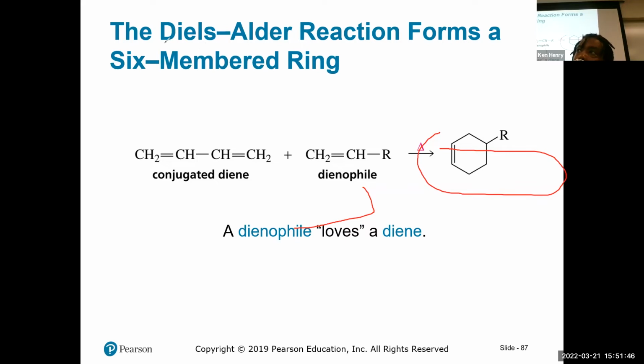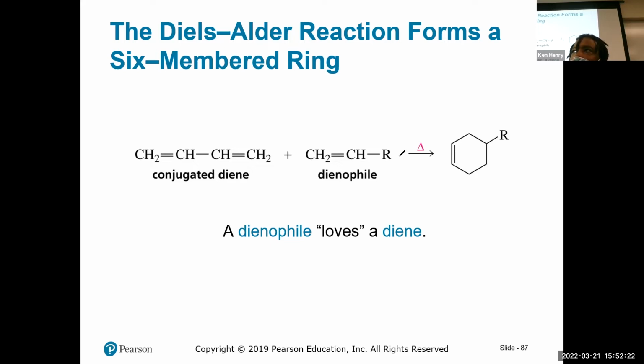So when we have the Diels-Alder reaction, in this case, we're going to be forming a ring structure. Okay. So we have a conjugated diene, and then we have a dienophile, right?